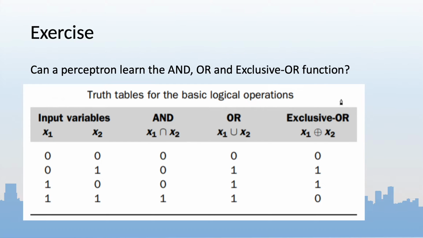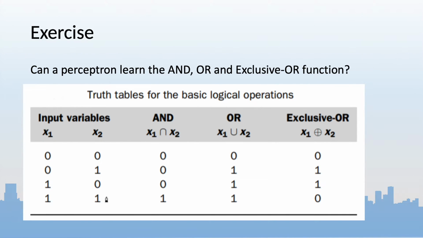Can a perceptron learn an AND, OR, or exclusive OR function? So this one is the truth table for the basic logical operations. Okay, if you look at this one, these are the input variables, called x1 and x2.